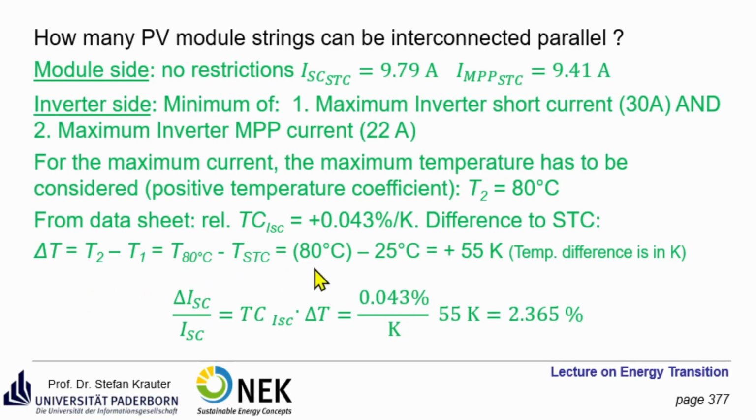We consider the temperature difference, so we have 80 degrees considered maximum operation temperature, minus 25 degrees. Then we have an increase of 55 Kelvin compared to standard test conditions. And if you put in the temperature coefficient here, we have an increase of 2.365% for these conditions.